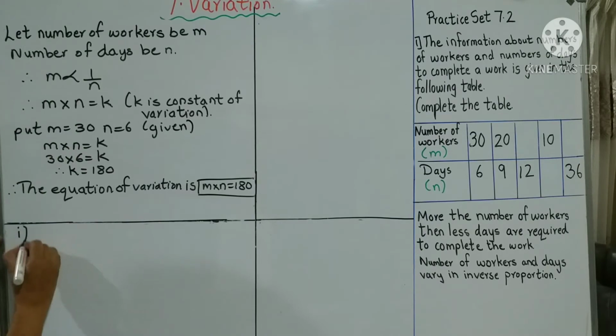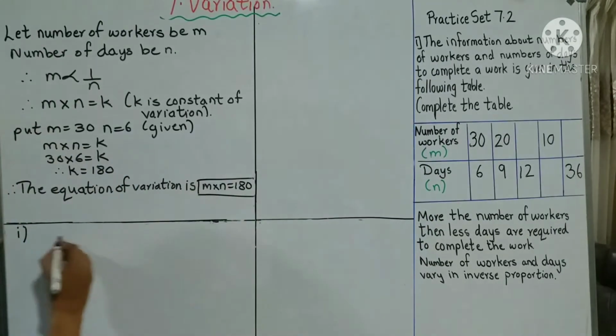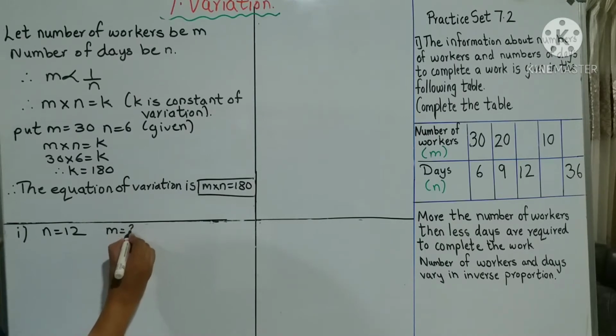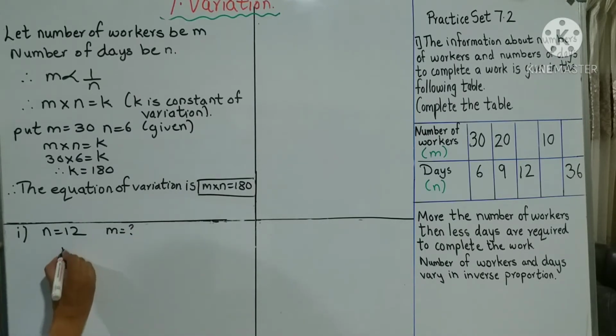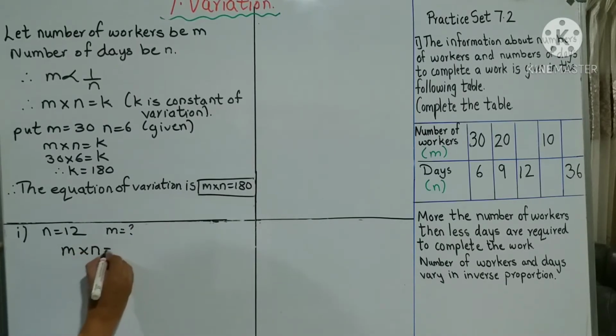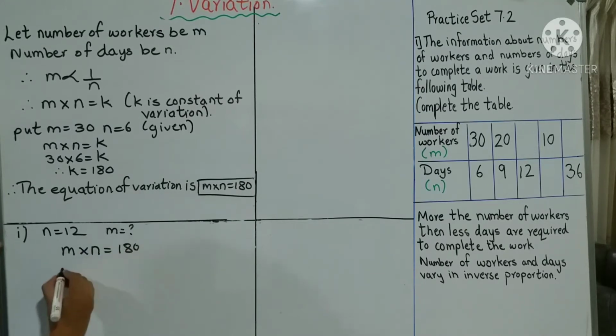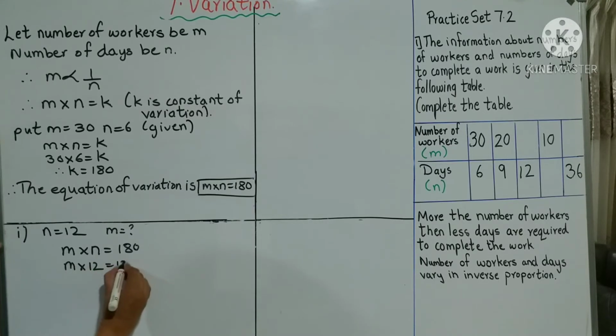So first sum, n is given to us as 12. m we are going to find out. m into n is equal to 180. m into 12 is equal to 180. m is equal to 180 upon 12.